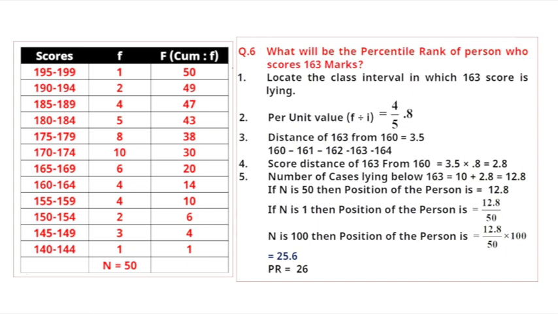Now, percentile you want out of how many? 100. If n is 100, then the position of the person will be 12.8 upon 50 into 100. You solve it, the value is coming 25.6. It means that the student who has got 163 marks, his percentile rank is 25.6.